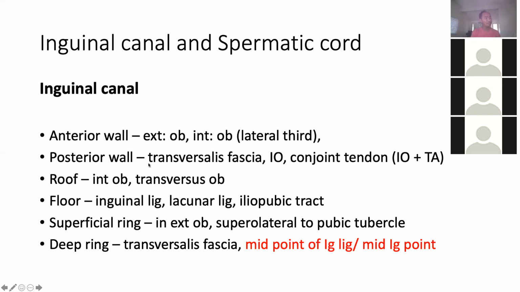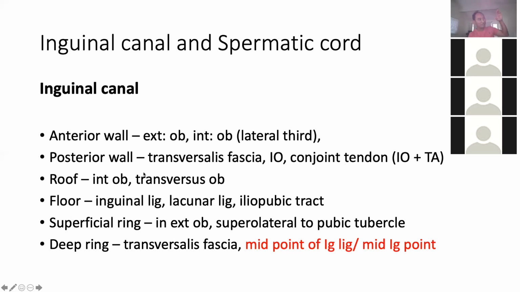The posterior wall is the transversalis fascia, and the internal oblique and transversus abdominis will form the conjoint tendon.